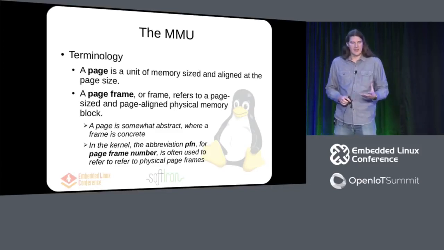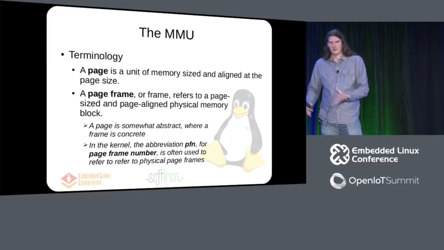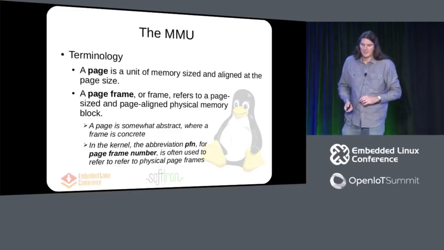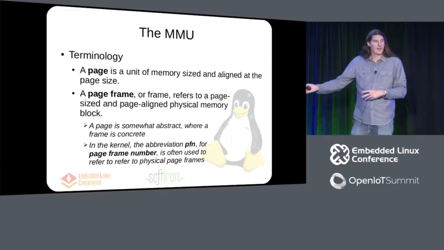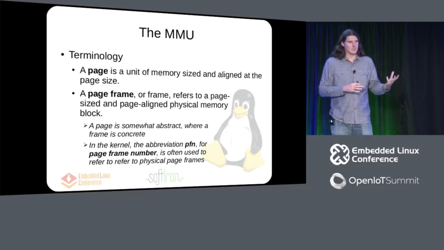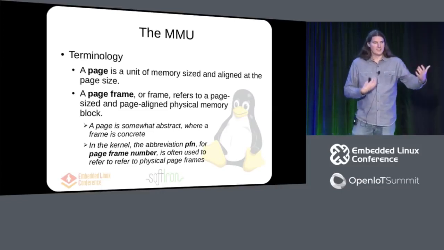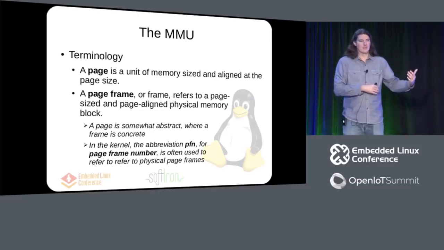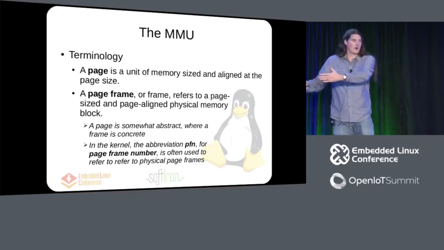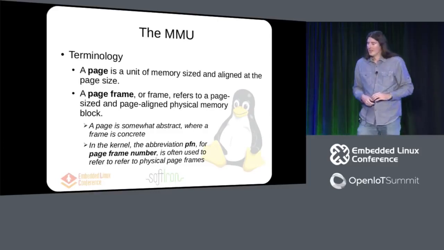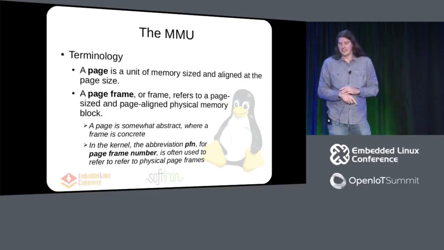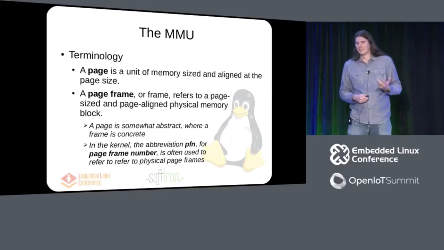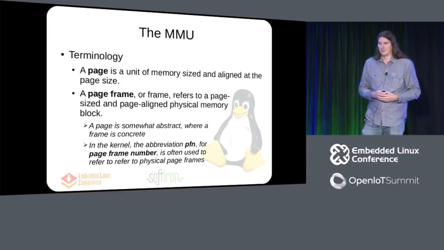So when we talk about frames, we're really talking about physical memory and the slots in the physical memory where pages can go. So in this sense, a page is somewhat abstract, where a frame is more concrete. A page sometimes will also be used to refer to the data that's in a page. So a page could exist in RAM, or that page could exist on a swap media, for example. In the kernel, you'll also see the abbreviation PFN, which stands for page frame number. And this is often used to refer to physical page frames.